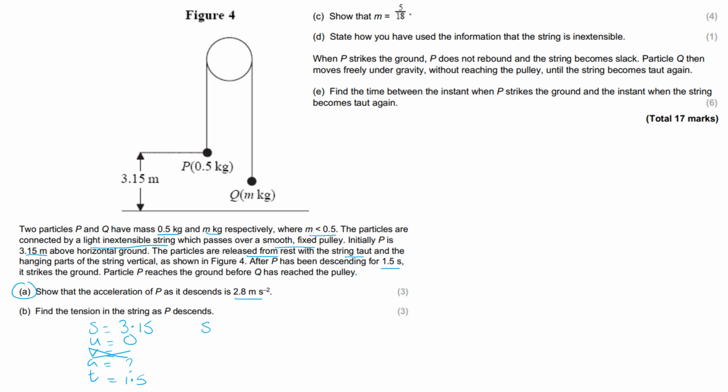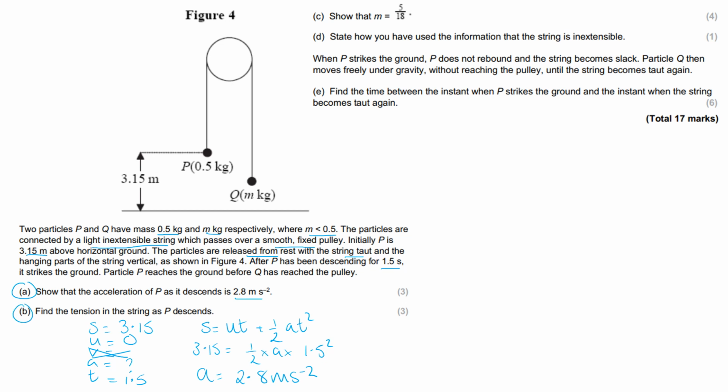So that is going to be s equals ut plus half at squared. Filling in the values, 3.15 is equal to 0 plus a half times a times 1.5 squared. Just cross multiply, that is going to give us that a is equal to 2.8 meters per second squared.